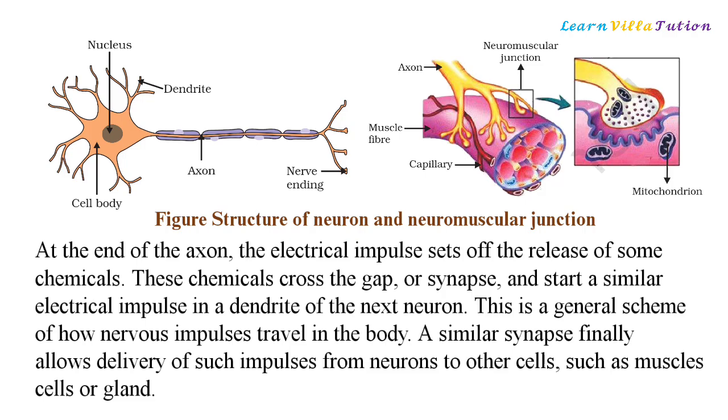These chemicals cross the gap, or synapse, and start a similar electrical impulse in a dendrite of the next neuron. This is a general scheme of how nervous impulses travel in the body. A similar synapse finally allows delivery of such impulses from neurons to other cells, such as muscle cells or glands.